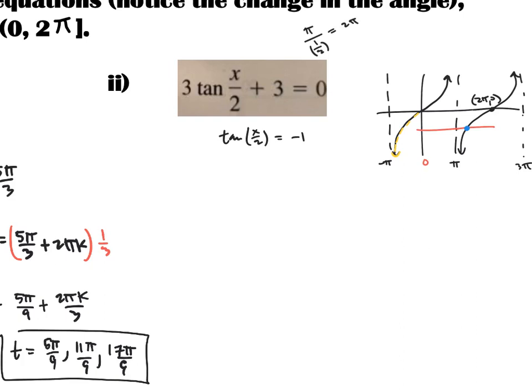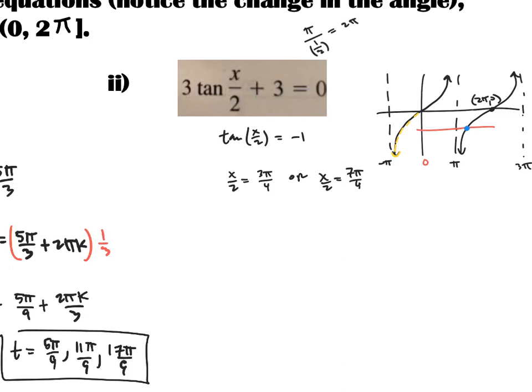All right, so where is the tangent equal to -1? The tangent is typically equal to -1 at 3 pi over 4, or x over 2 is equal to 7 pi over 4, right? Tangent is negative in quadrants 2 and 4.